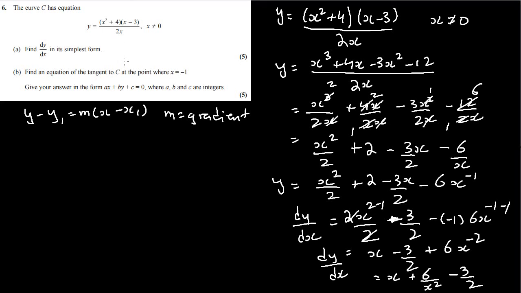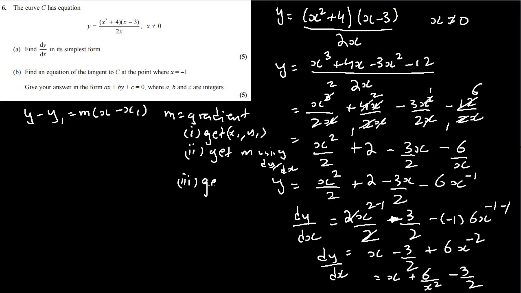So step number 1, get x1 y1. Step number 2, get m using dy by dx, and step number 3 would be to get the equation using the general formula.